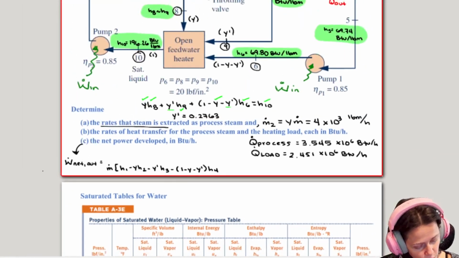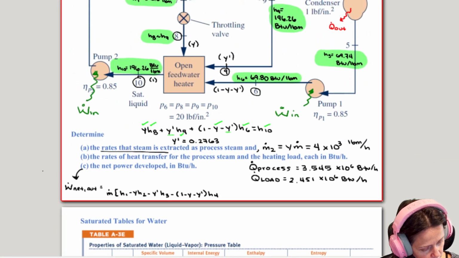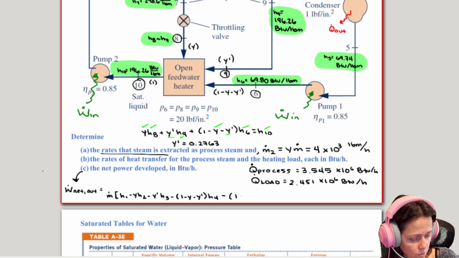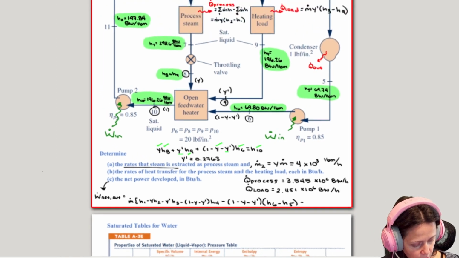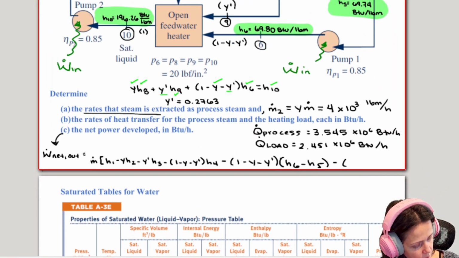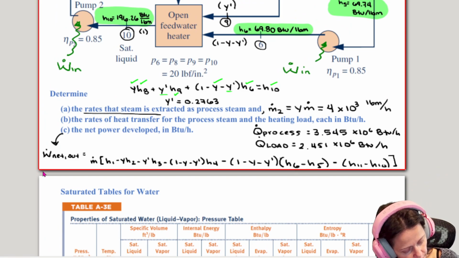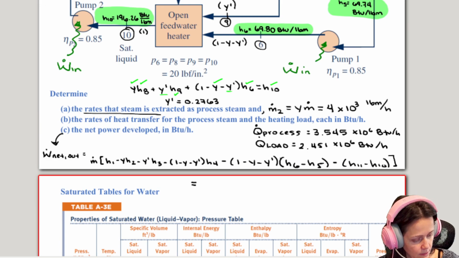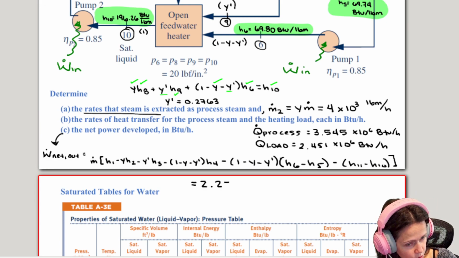And then we've got our two pumps. Pump 1 is between 5 and 6, and that's a fraction of the steam, so 1 minus y minus y prime times (h6 minus h5). The second pump is the full mass flow rate, and that's h11 minus h10. And if you want a number for that, I do have one: 2.252.